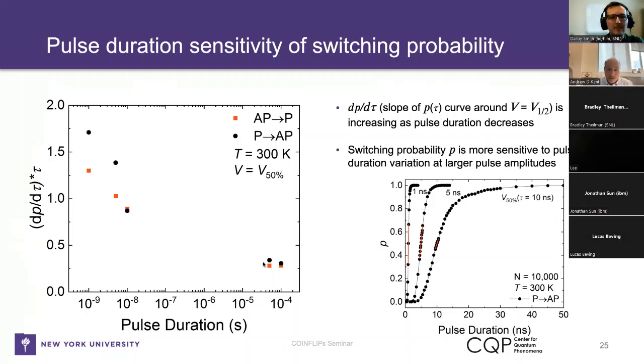And here the trend is opposite. In some sense, as you go to shorter pulses, you have to reduce the variation in pulse duration to maintain the probability. So these are things that are important from the circuit point of view, and for operation: what are the variables you really have to control accurately to ensure your probability variation is within some range.